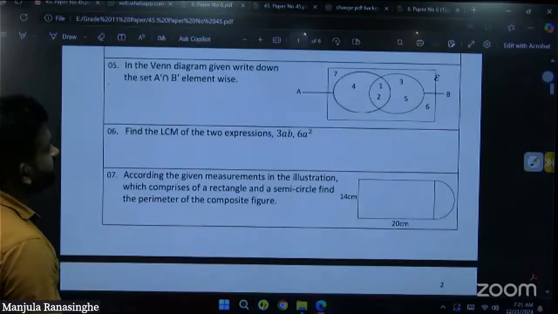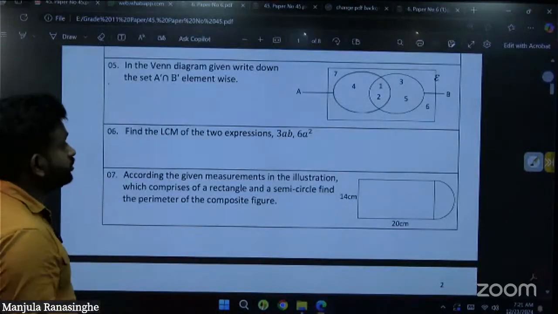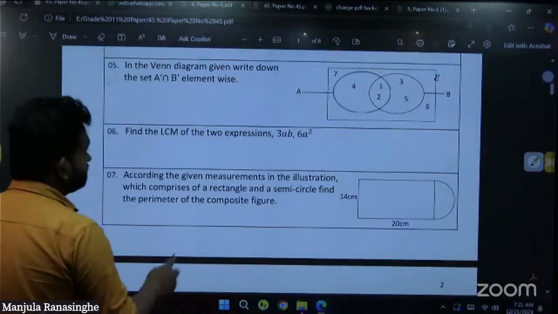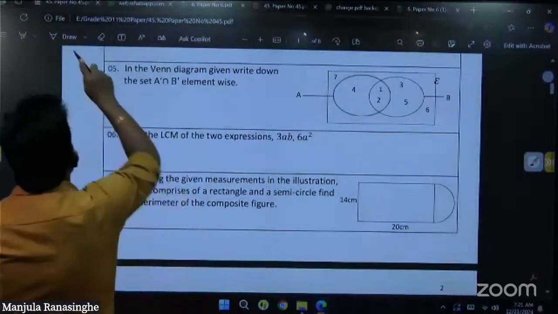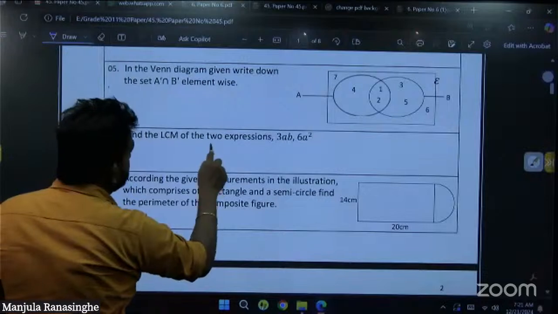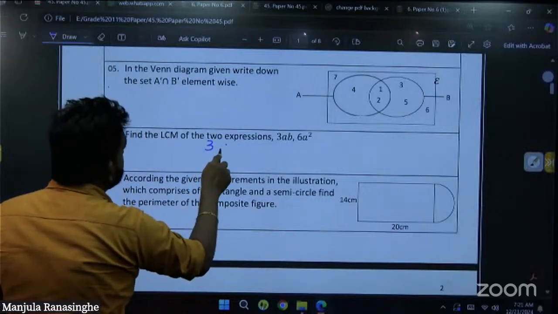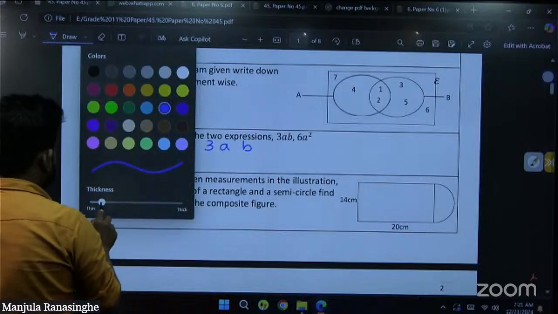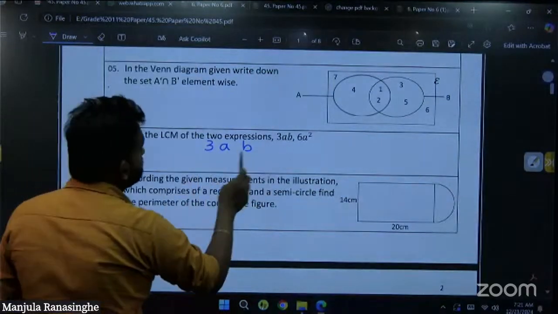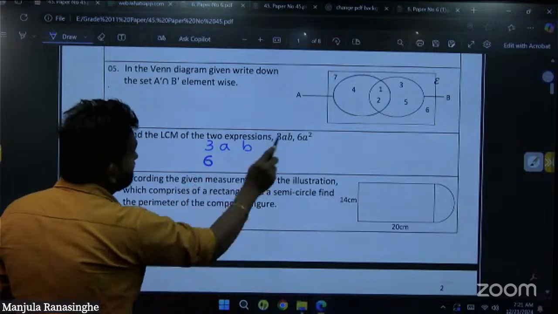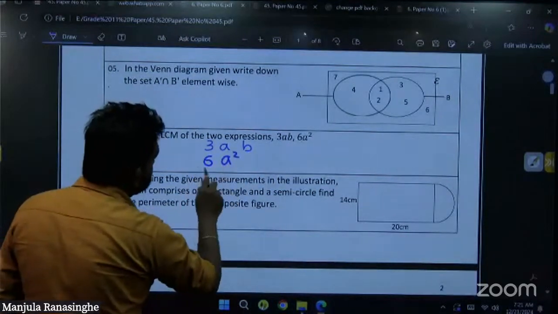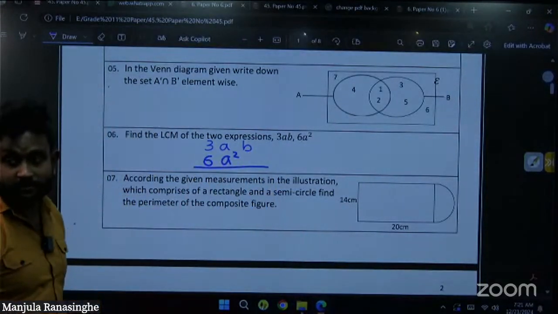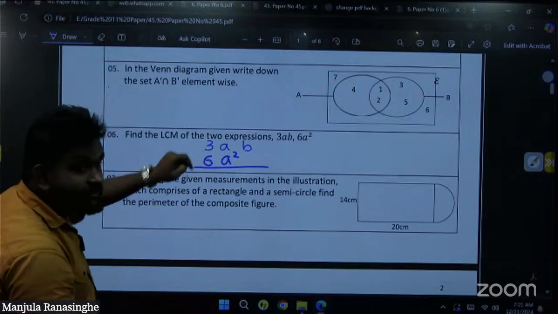Find the LCM of these two expressions. I have shown you the easiest way of finding LCM. Just separate the terms: 3, A, B. Then 6A squared: numeric under numeric, 6, then A squared. Now check for the 3 and 6. What is the LCM of 3 and 6?